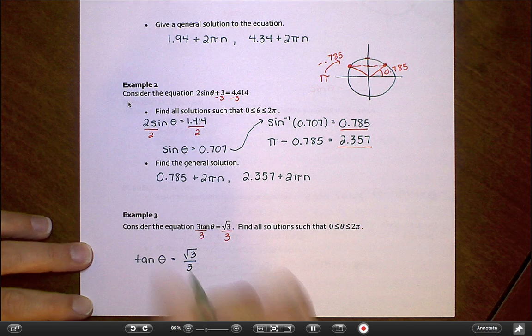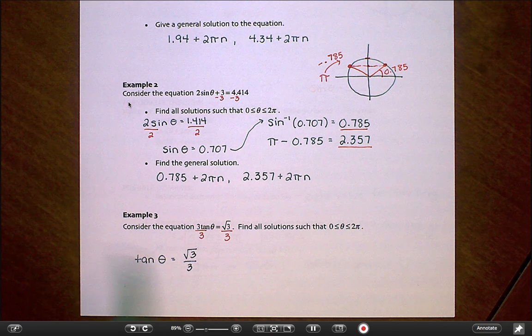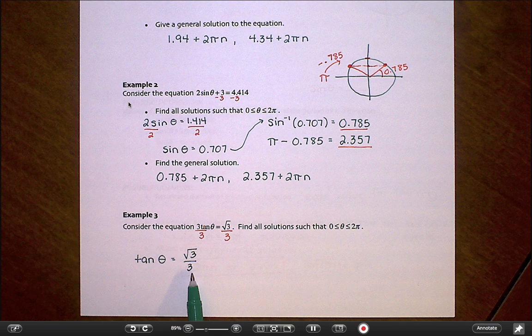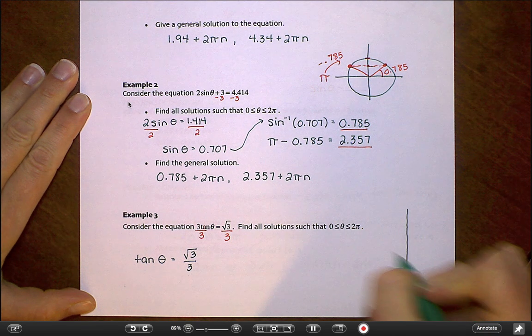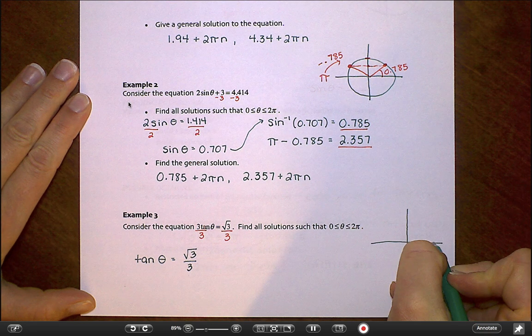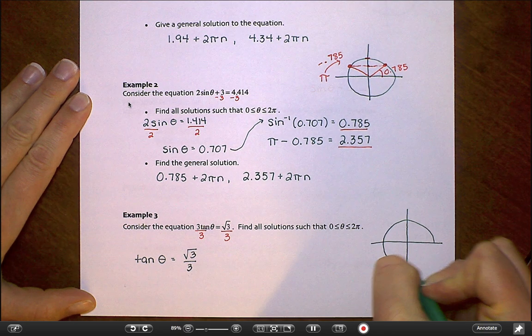So here's the thing. I could type in inverse tangent of square root of 3 over 3, just like I did up here, and that's a perfectly fine way to do this. I didn't say that you had to do this with exact values, but I recognize this. This is from my unit circle, right? And so if I can think about where on my unit circle that tangent occurs, I can get to my answer without even having to use my calculator.